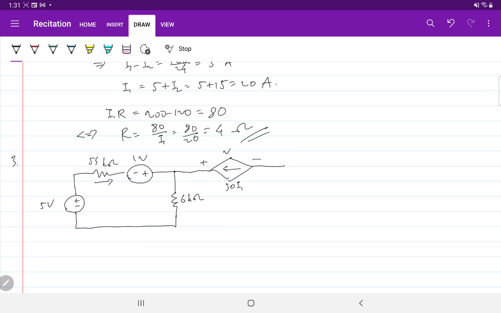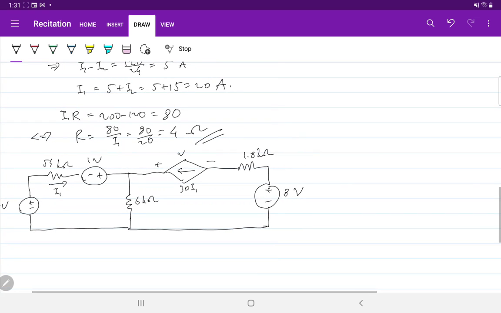So we have that I1 in that particular direction. Okay, and we have another resistor, 1.8k, another independent source, plus minus 8 volts, and that's it. Okay, so what are the questions?